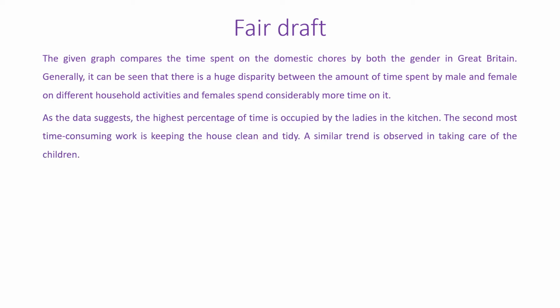As the data suggests, the highest percentage of time is occupied by the ladies in the kitchen. The second most time consuming work is keeping the house clean and tidy. A similar trend is observed in taking care of the children.